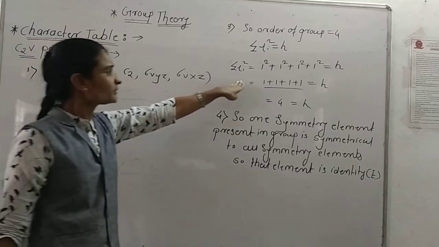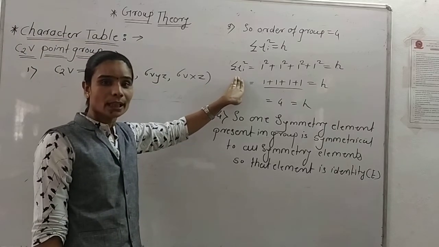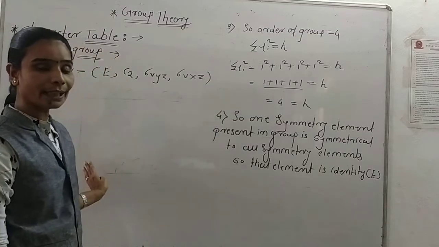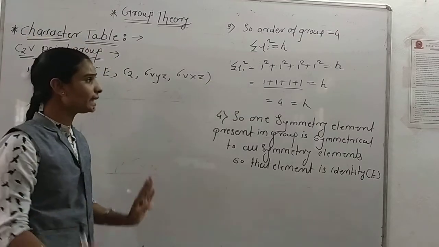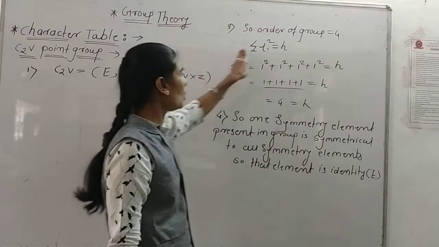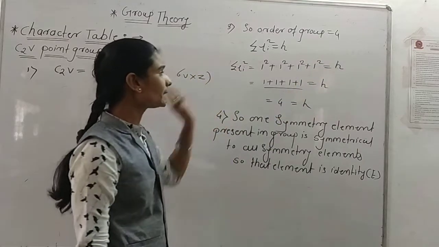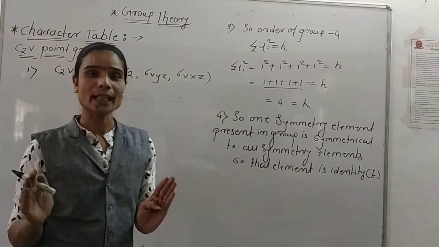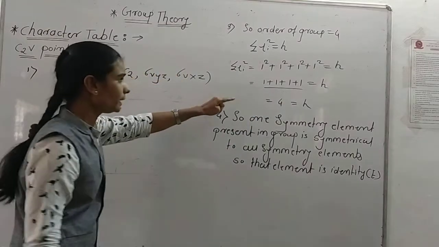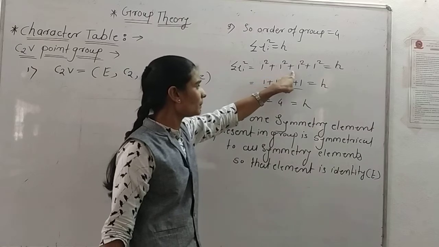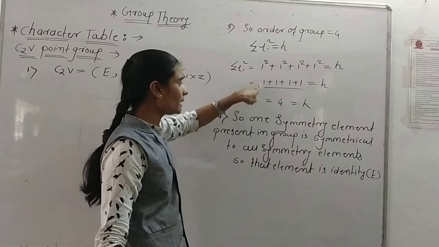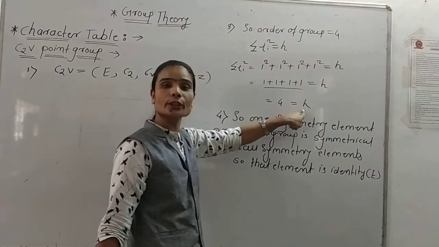Then we give the dimension for each irreducible representation, and the sum of the squares of the dimensions is always equal to the order of group. For the C2V point group, the order of group is 4, and these dimensions are arranged in such a way that the sum of their squares is always equal to the order of group. So we take 1 square plus 1 square plus 1 square plus 1 square is equal to h, and the addition of these dimension squares is equal to 4, which is equal to the order of group.